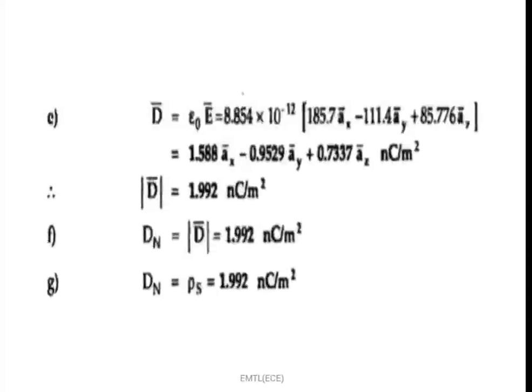And next, the D bar value. By knowing the relation between D and E, that is epsilon naught E, where epsilon naught is a constant equal to 8.854 into 10 power minus 12, times the E bar vector, 185.7 Ax bar minus 111.4 Ay bar plus 85.776 Az bar.